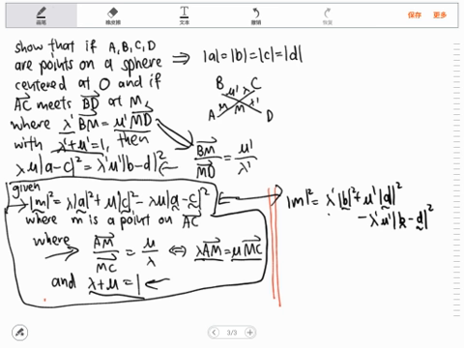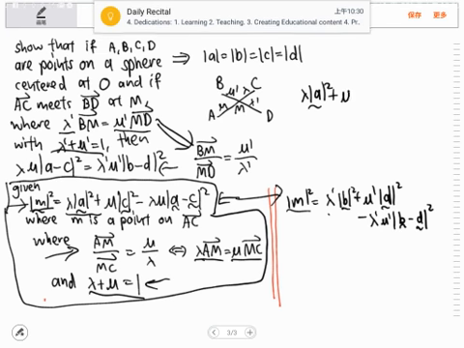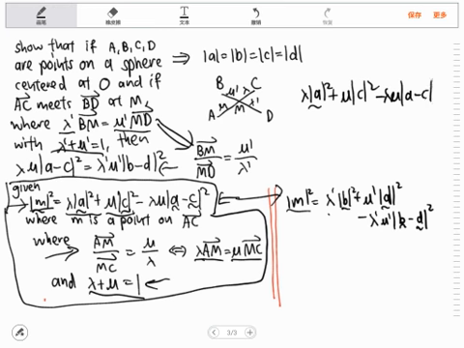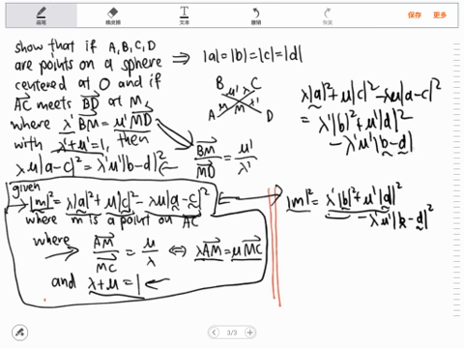We are asked to prove this, and it becomes easy because this equals |M|² and this equals |M|². So λ|A|² plus μ|C|² minus λμ |A − C|² equals λ′|B|² plus μ′|D|² minus λ′μ′ |B − D|². Because they are equal, both are |M|².